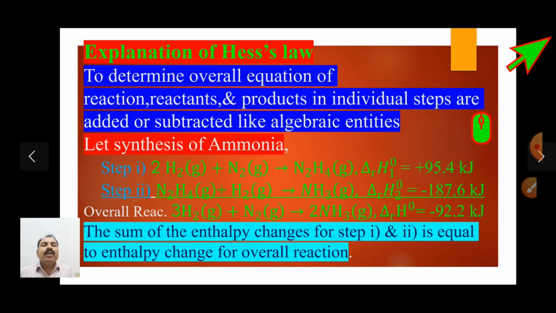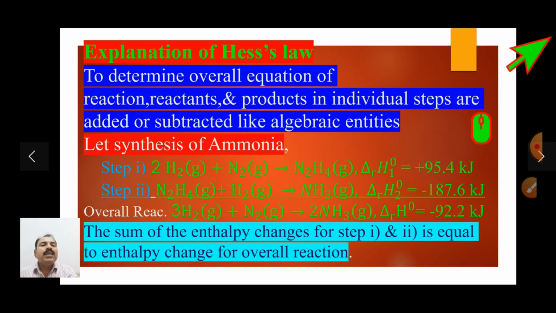Now in the second step, this N2H4 from the first step combines again with hydrogen gas and there is formation of ammonia, and the standard change in enthalpy of this second step reaction is minus 187.6 kilojoules.